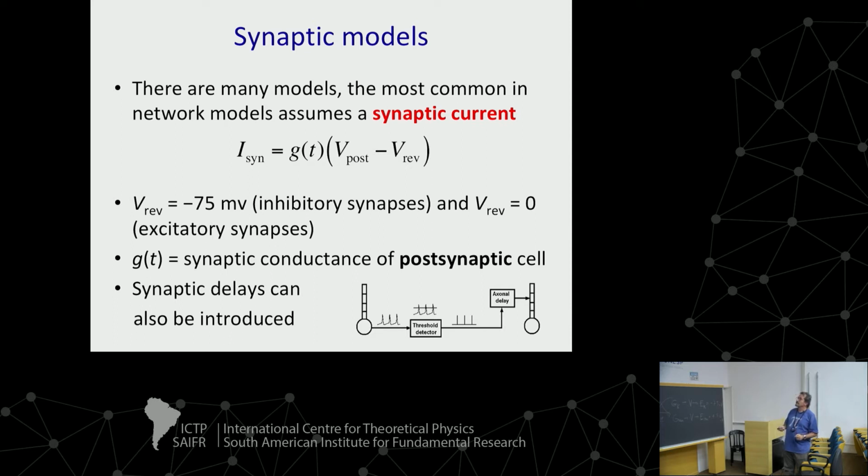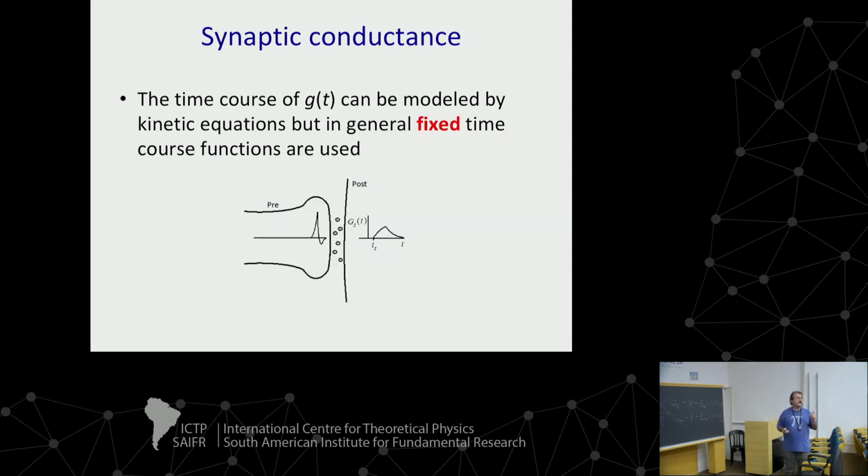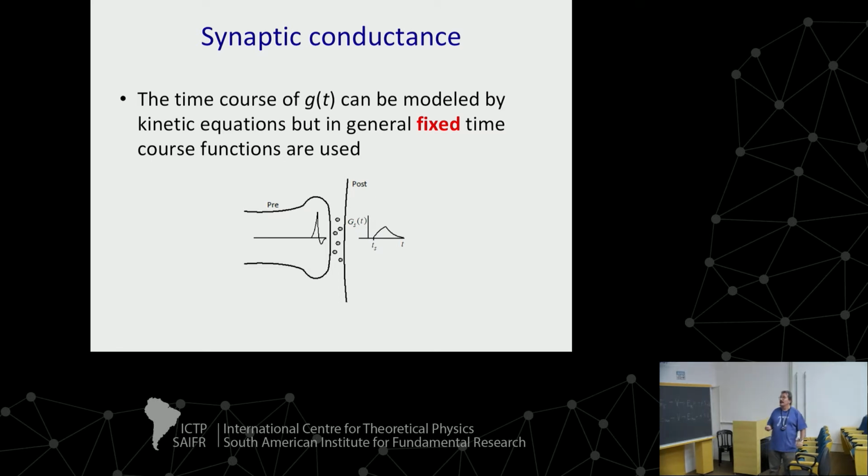So, about the synaptic conductance. Basically, you have to model the time course of the postsynaptic potential, which follows the time course of the postsynaptic conductance. They can be modeled by kinetic equations or molecular biology, as some students asked me.